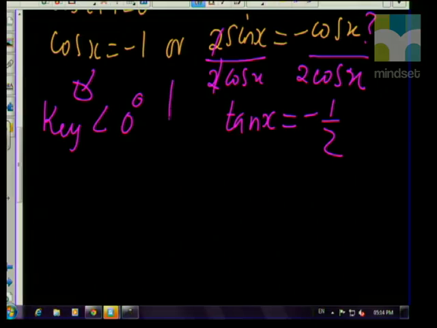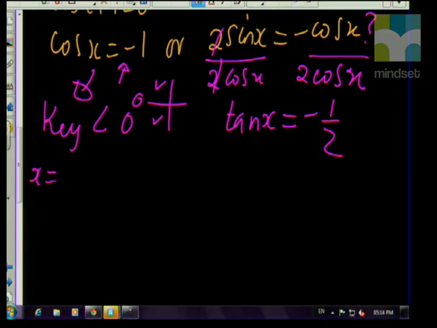Now, most of you at home can see that I didn't use a minus yet. I said shift cos of 1. So this is a direction. Okay, so I've got the key angle, which is 0 degrees. Now, I come back and I'm using that minus 1. What does this minus 1 tell us? It tells us that cos will be negative in 2 quadrants. So cos is negative in the 2nd quadrant and also in the 3rd quadrant.